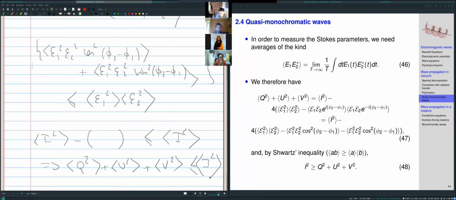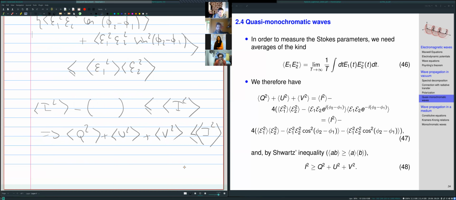So this is a very important inequality in astronomy. In the end, we see that while the equality holds for a really monochromatic signal, which doesn't exist in nature really, for a real signal, we have this inequality.